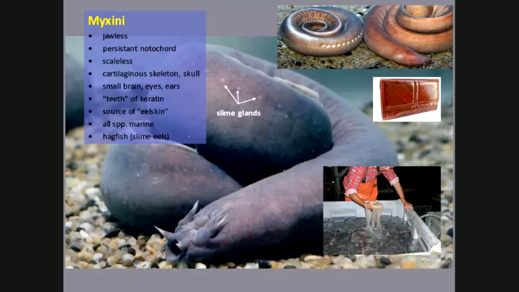Myxinae are jawless creatures with a persistent notochord. So here we are even into the vertebrates, what we call true vertebrates. And what we have here is an organism that still doesn't have a vertebral column and has a notochord. Again, if you're going, oh, I'm confused, Aristotle's ladder, folks. You can't go from the non-vertebrate chordates, the cephalochordates, the tunicates, immediately to the vertebrate chordates.